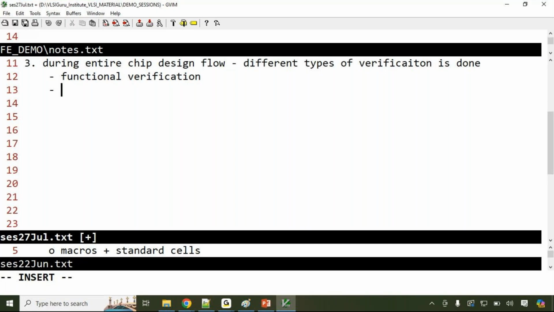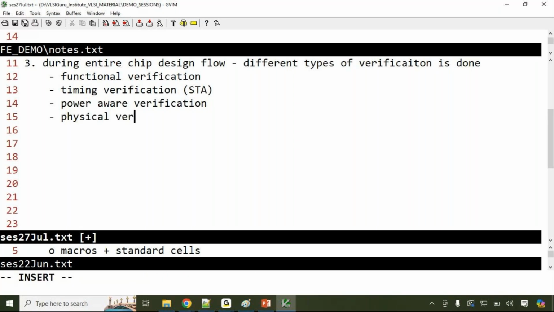One is called timing verification, which is similar to calling it STA, static timing analysis. So there we are doing timing verification. Then power aware verification. This is related to power behavior. I won't go deep into it, just one of the concepts. Okay. Then we have one more thing called physical verification.